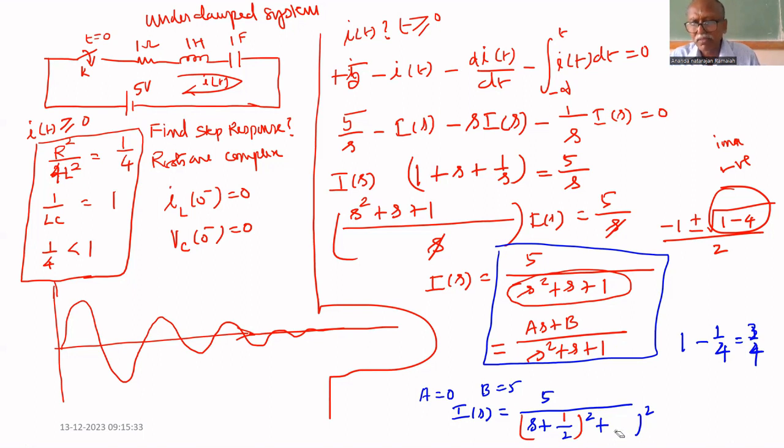That's why this becomes root 3 divided by 2 whole square.